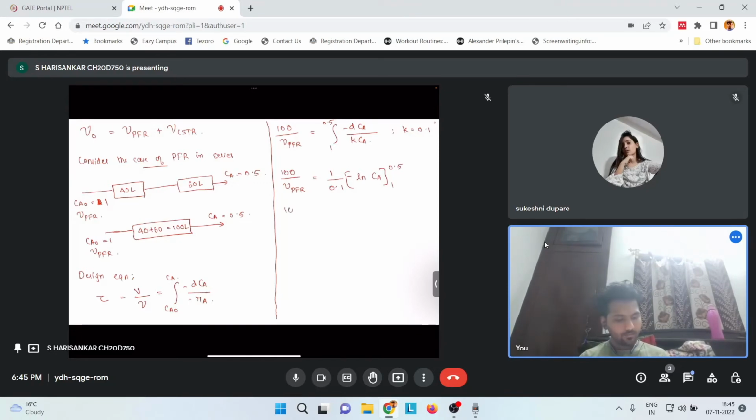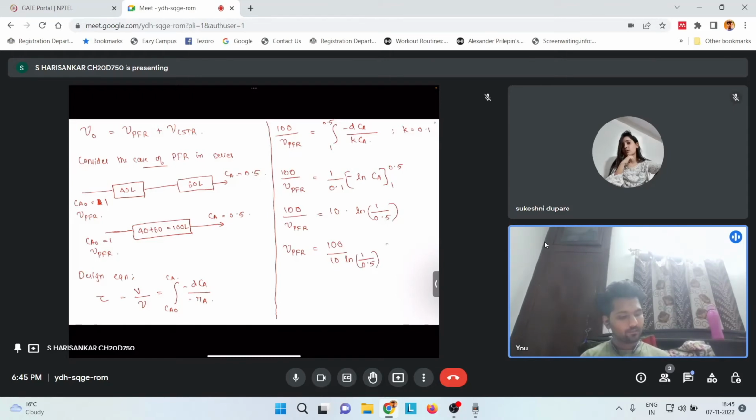So 100 by nu PFR will be 1 by 0.1, that is 10, into ln 1 by 0.5. So nu PFR will be 100 by 10 into ln 1 by 0.5.